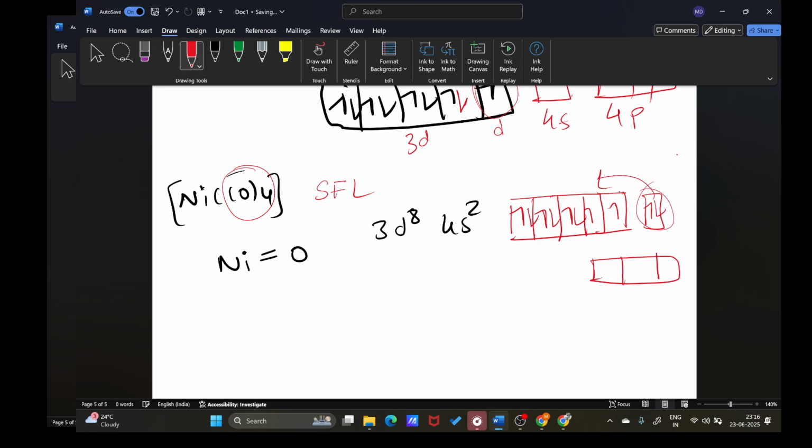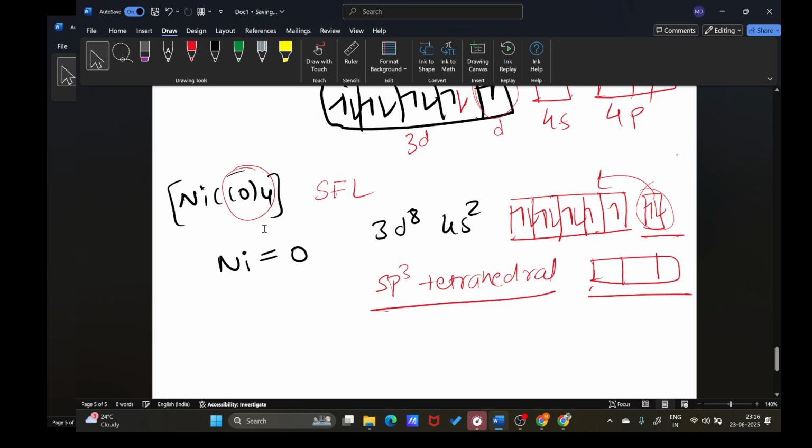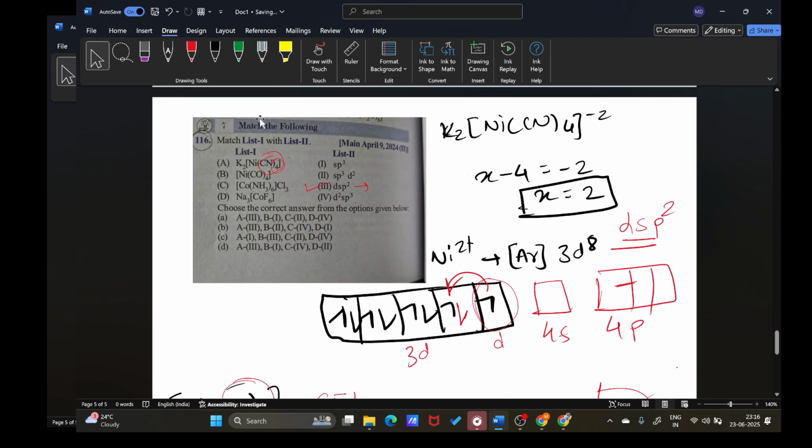These electrons will move here because it is a strong field ligand. And in this case, we will have an sp3 hybridization, and hence the geometry will be tetrahedral.